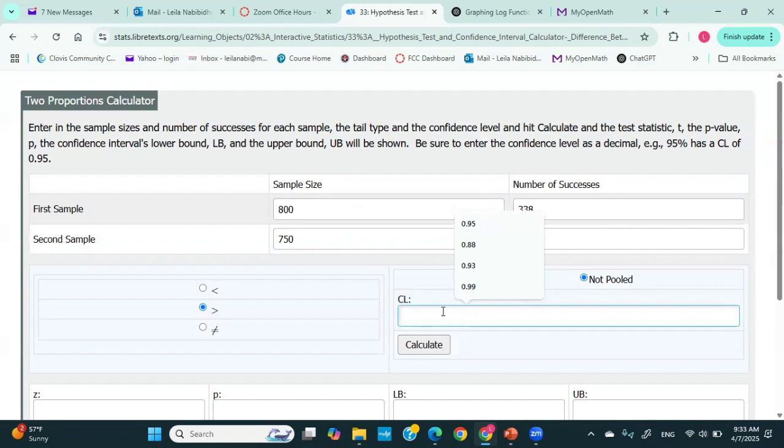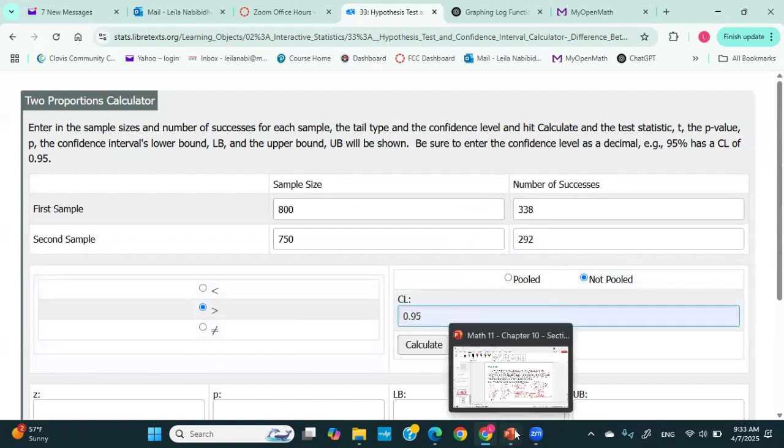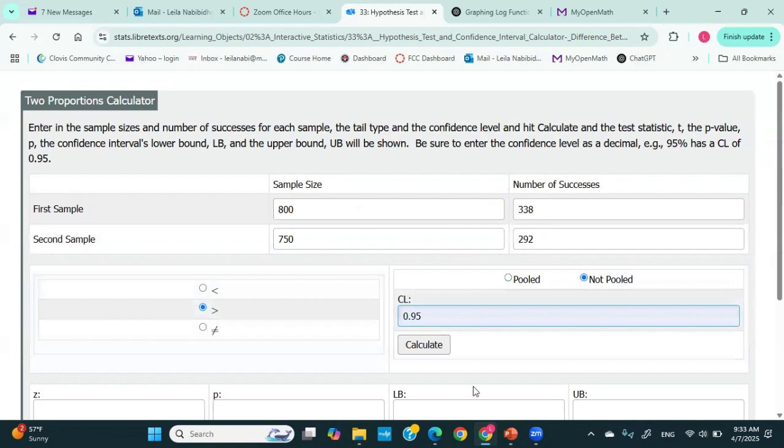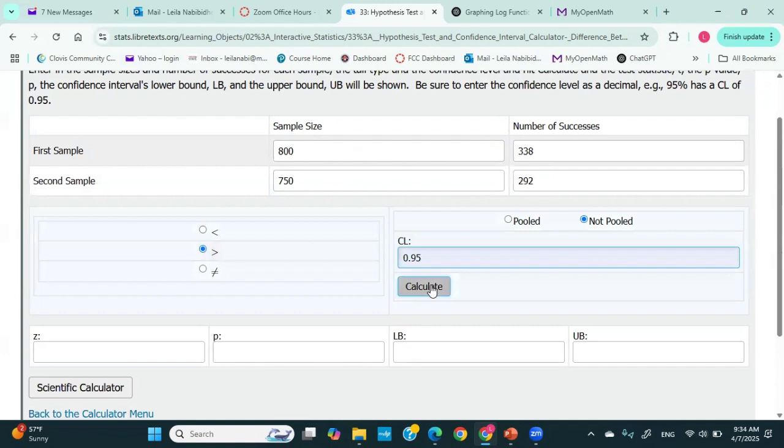If alpha is 5%, the confidence level is 0.95. For this part, always select not pooled. And let's see what we get.